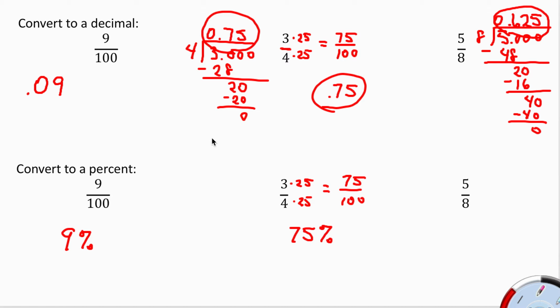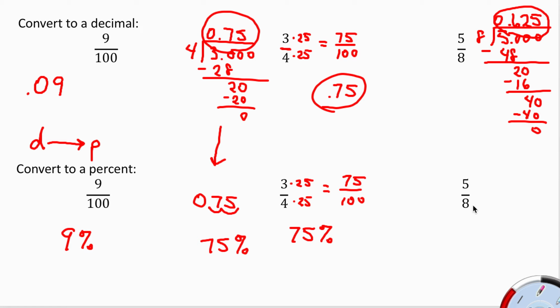Or I could have done my division and gotten a decimal number. And then once you have a decimal, okay, D comes before P, so I would move my decimal that direction, and it's always 2 times. So 75, and don't forget to add your percent sign.